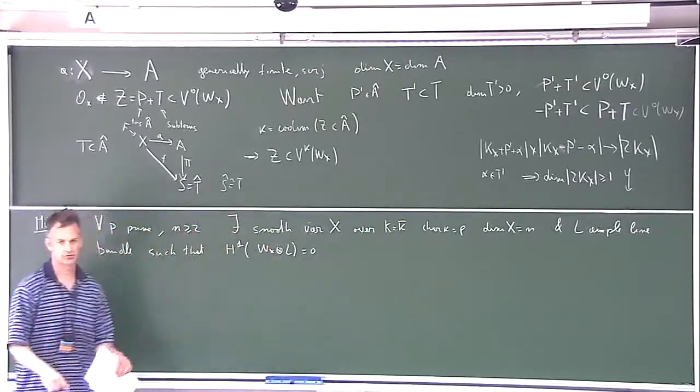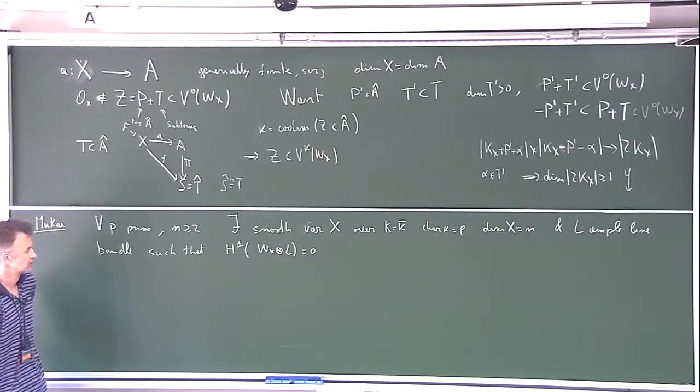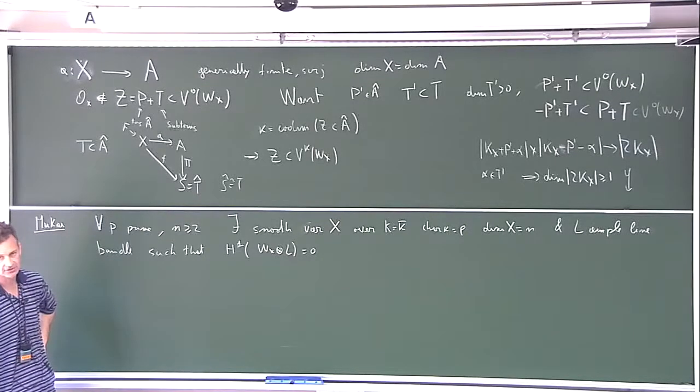Right, so you have counterexamples to, in fact, Kodaira vanishing in any dimension for any characteristic.